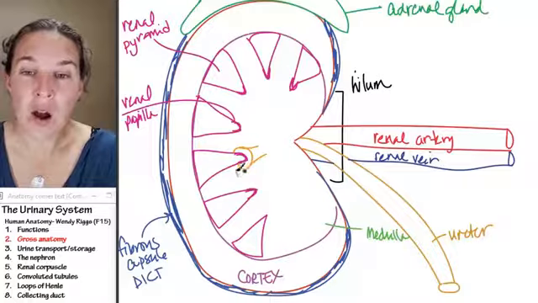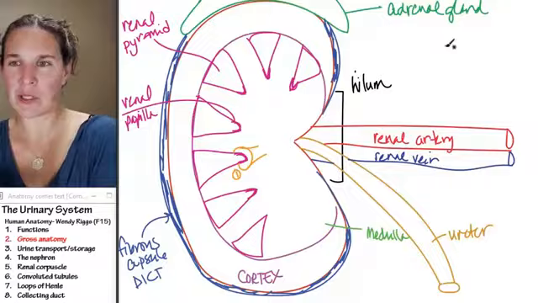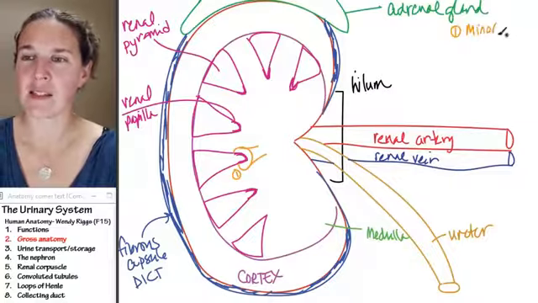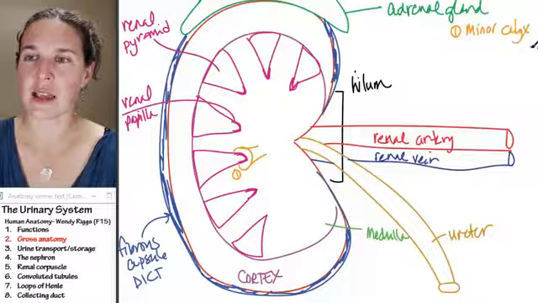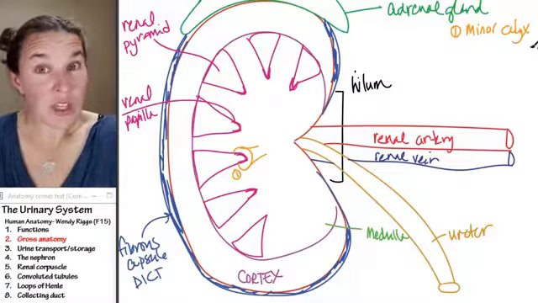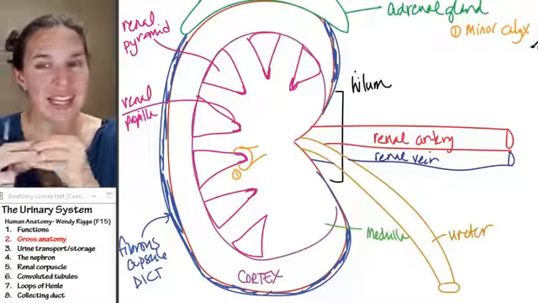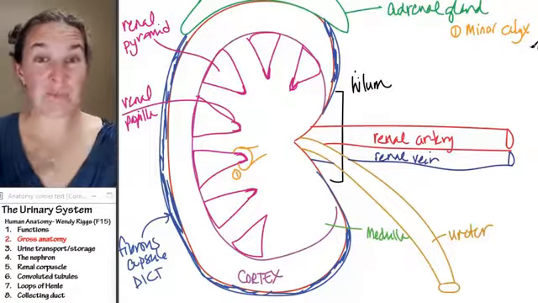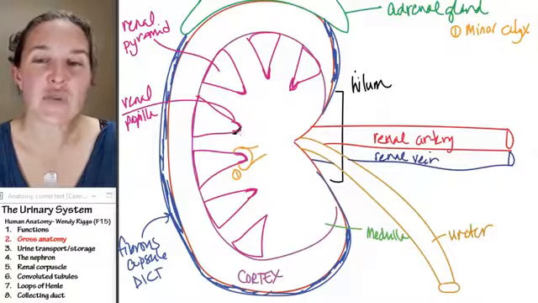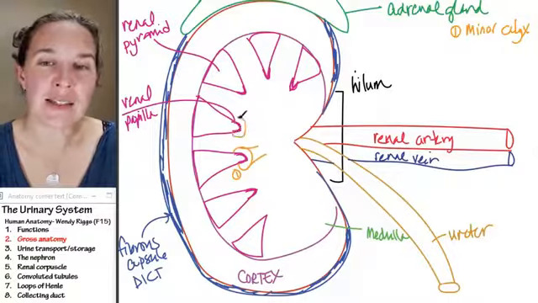I'm going to label it out here. This is the minor calyx. The minor calyx is really contiguous with the ureter, and so it's catching the pee that's being produced in the renal pyramids. Each renal pyramid has a minor calyx.